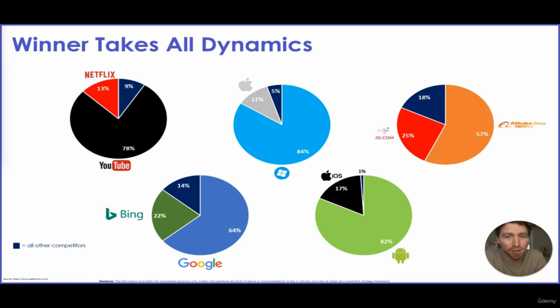If you look at the top middle, you have desktop operating systems. So you have Windows by Microsoft and the Apple operating system. Windows here makes up 84% of the overall desktop operating system market, followed by Apple with 11%. And there's only a small percentage of other players providing desktop operating systems.